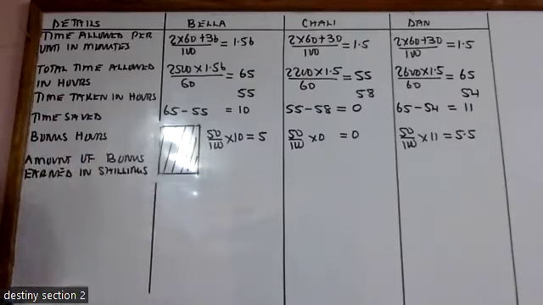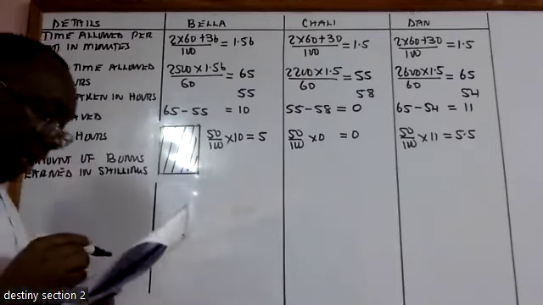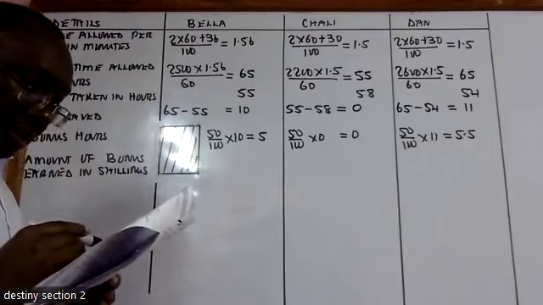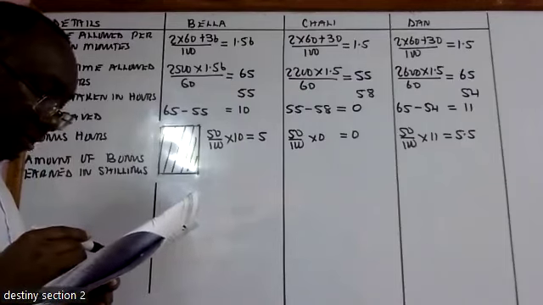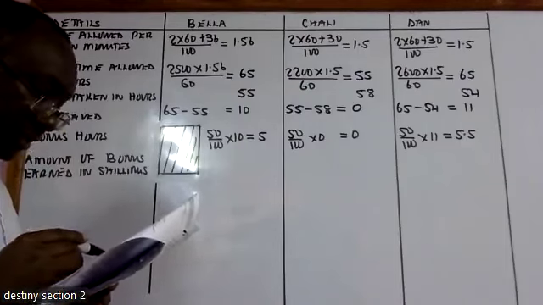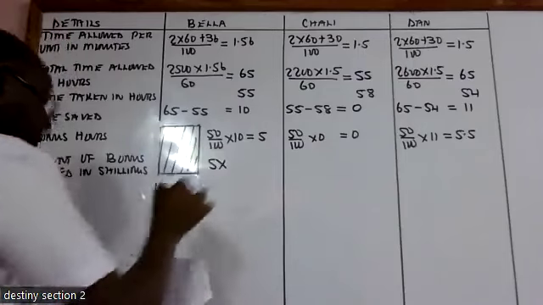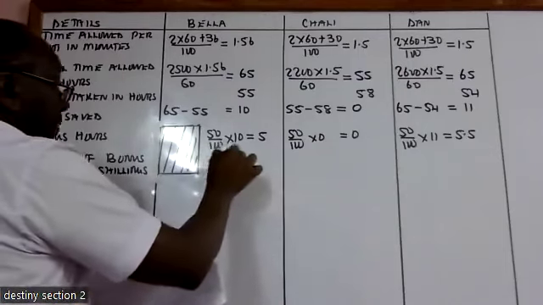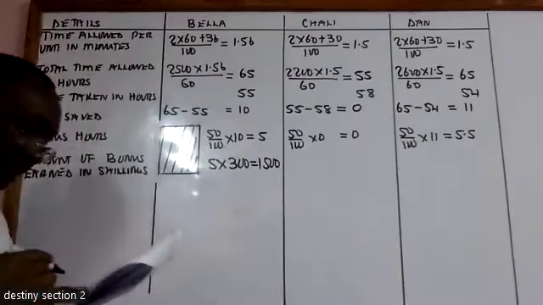We are told he is paid a guaranteed basic hourly rate of pay plus a bonus of 50% of the time saved. So it is the time saved times the basic rate per hour, which is 300. So this one took home a bonus of 1500.